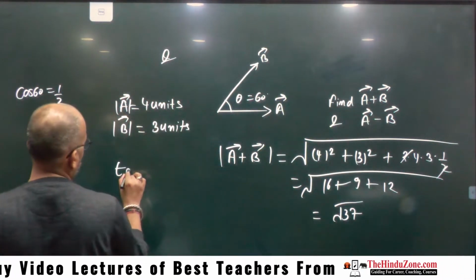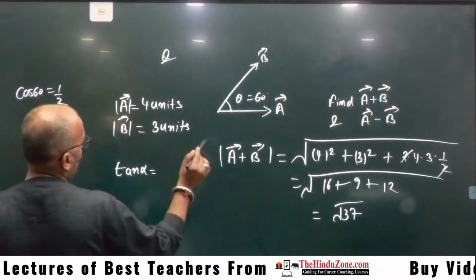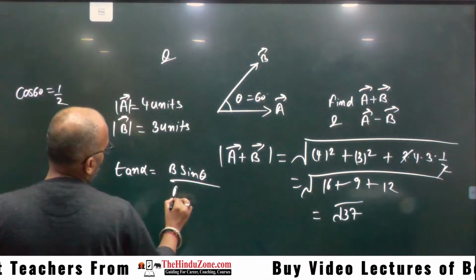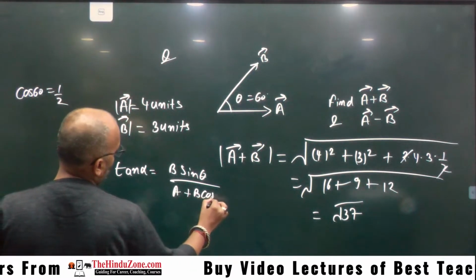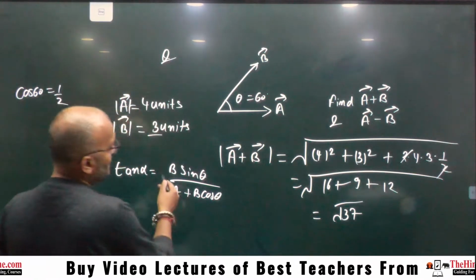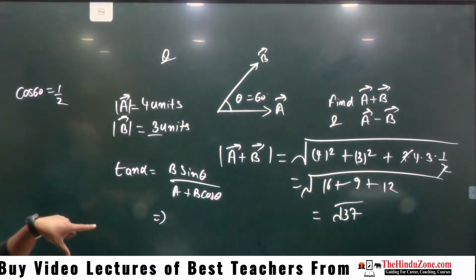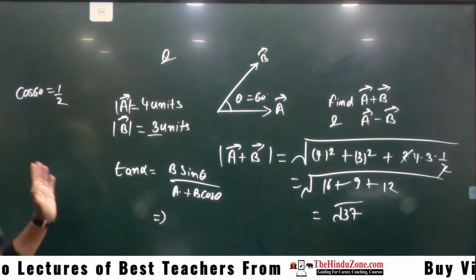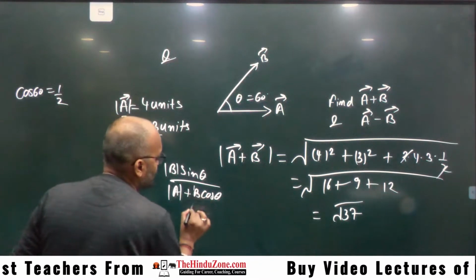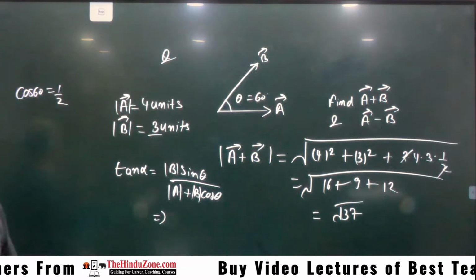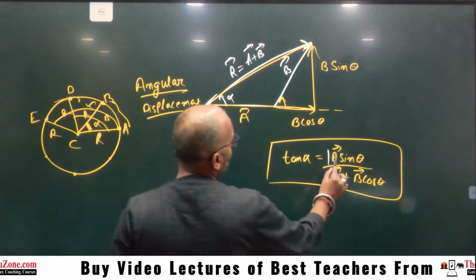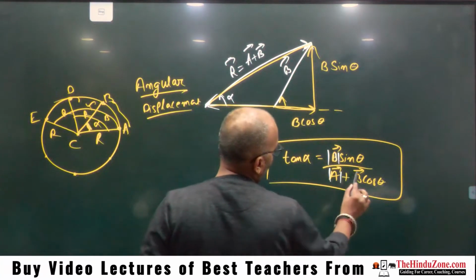It's the same. Tan alpha will be B sin theta upon A plus B cos theta. See, when I am writing B sin theta, A plus B cos theta, I mean the magnitudes of these vectors, guys. These are all magnitudes. Due to laziness, I haven't written it every time, but all these are the magnitudes of the vectors.